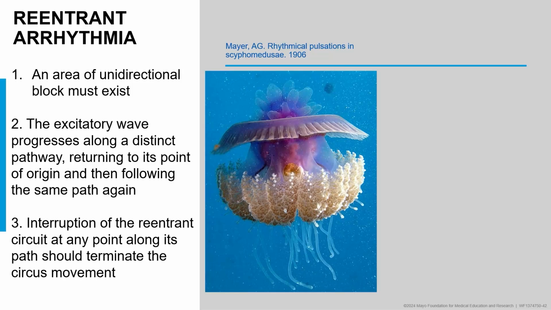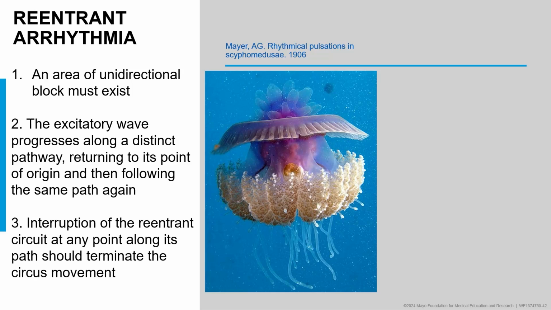I just love this explanation or this early work on reentry done around the turn of the century, looking at jellyfish. That was the model to really understand electrophysiology back then and electrophysiological reentry.